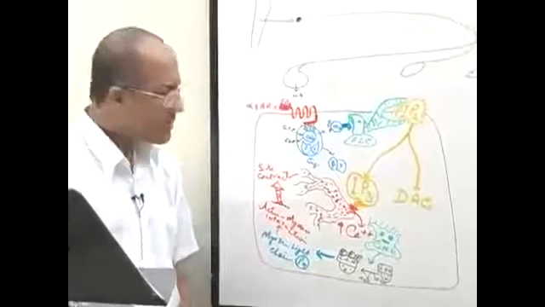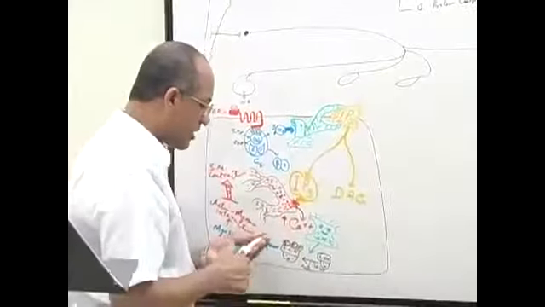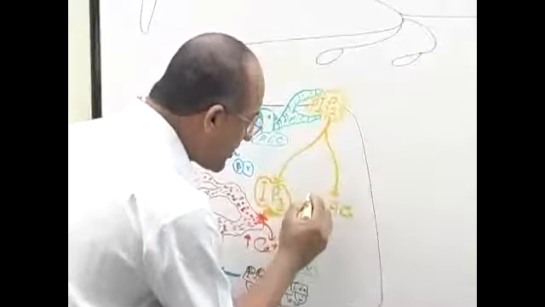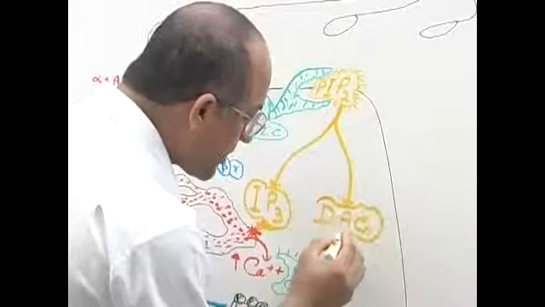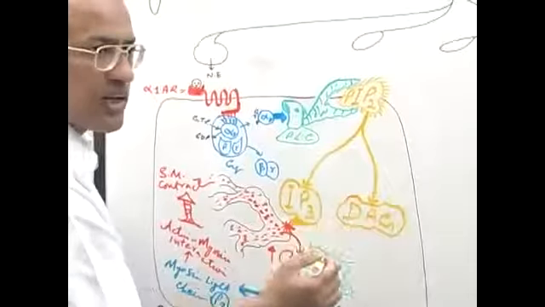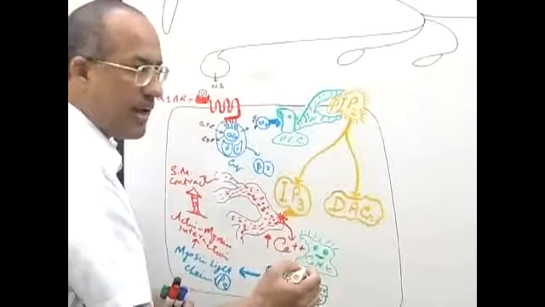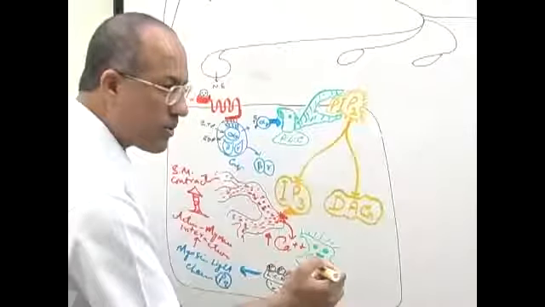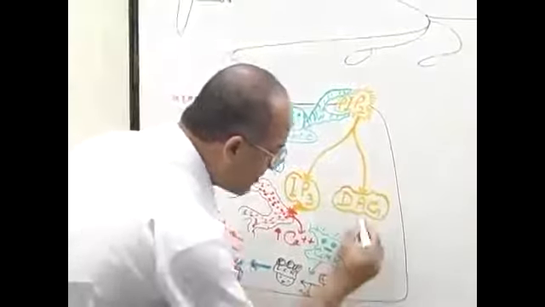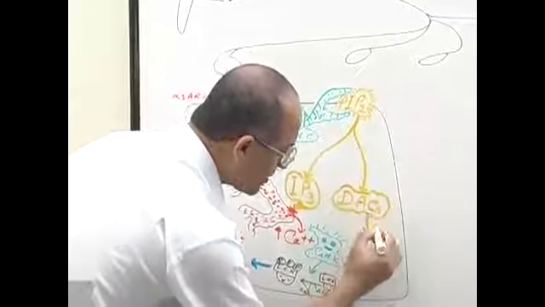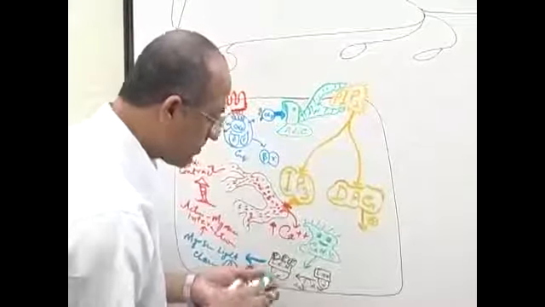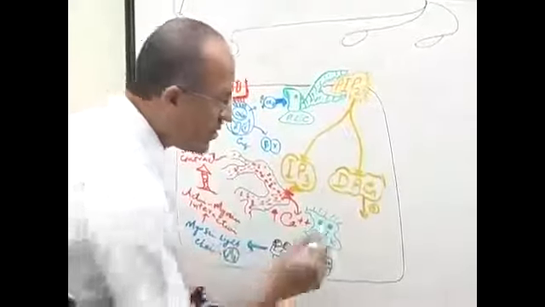Am I clear? Secondly, don't forget DAG, diacylglycerol. Diacylglycerol is another second messenger produced from phosphatidyl inositol diphosphate, and diacylglycerol can activate, who will tell me, another kinase. What is that?